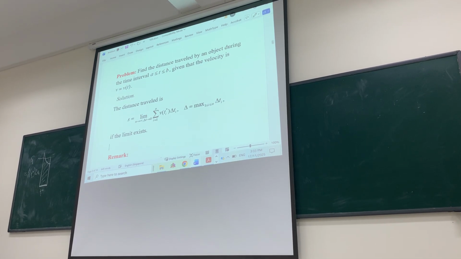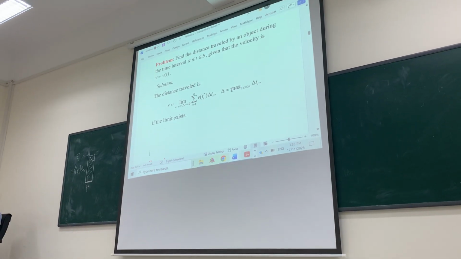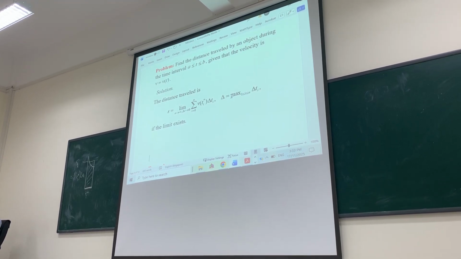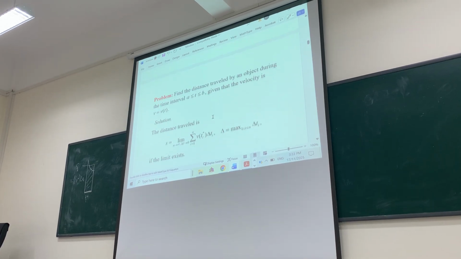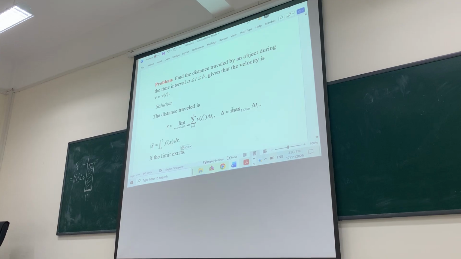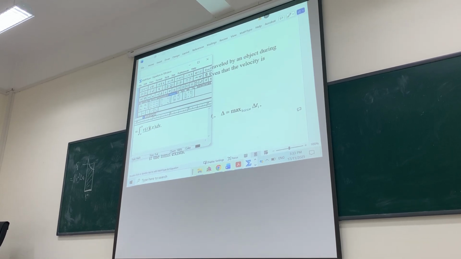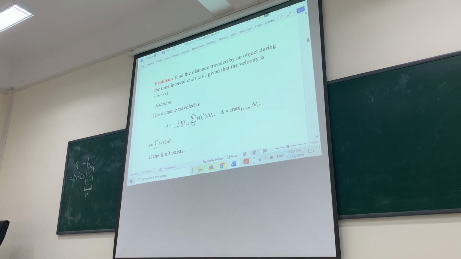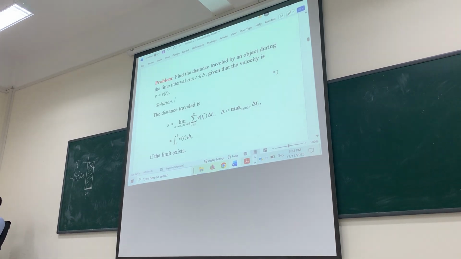We can establish the formula for distance: the distance equals the limit, and the limit is equal to the integral from a to b of v(t) dt. This establishes the formula for distance given the velocity.